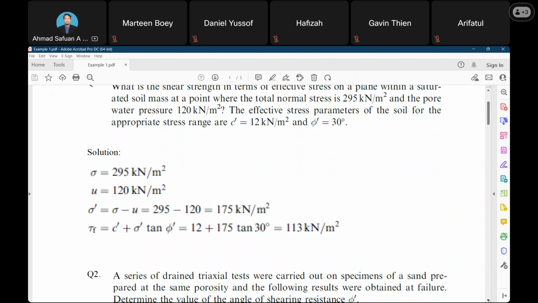The shear strength is equal to 113. So that is how to calculate the effective shear strength.